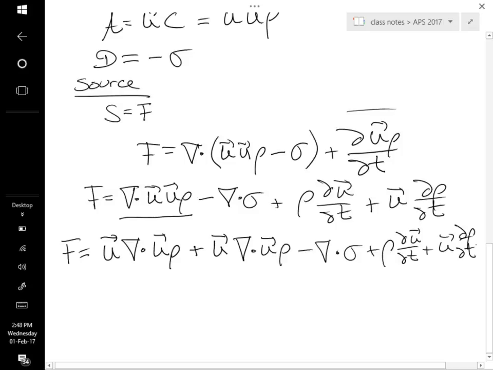Now what I want to be able to do is factor out or combine this term and this term. So I'm going to bring those over here, and I'm going to factor out this velocity, and then I'll get this.